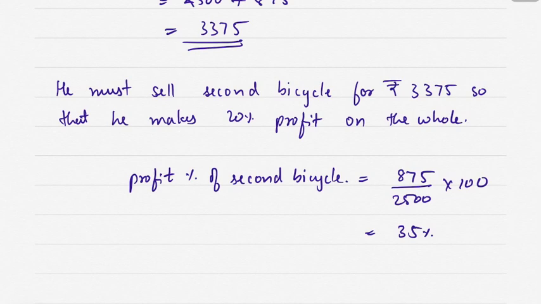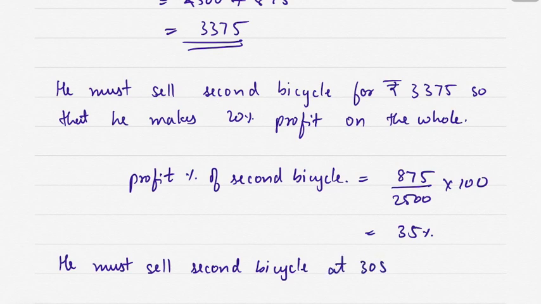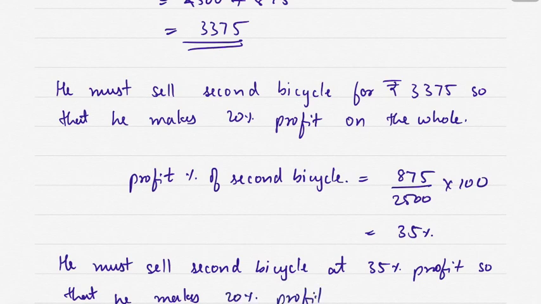So I can write he must sell the second bicycle at 35% profit so that he makes 20% profit on the whole.